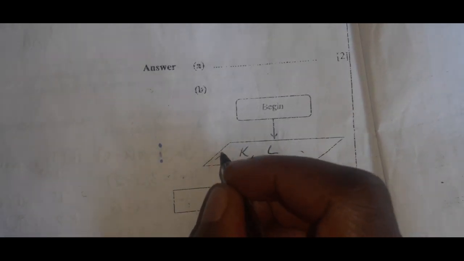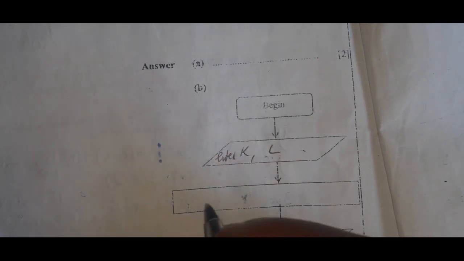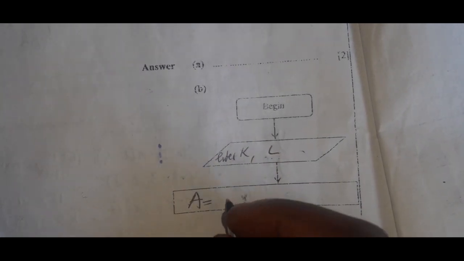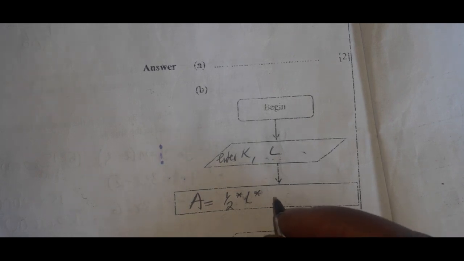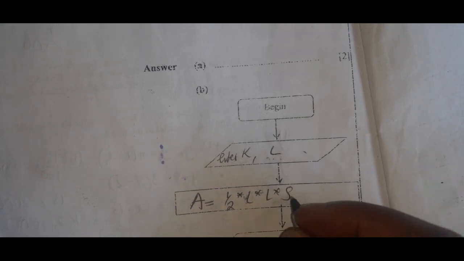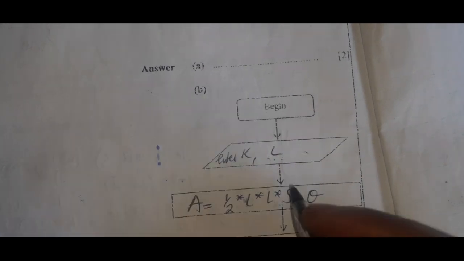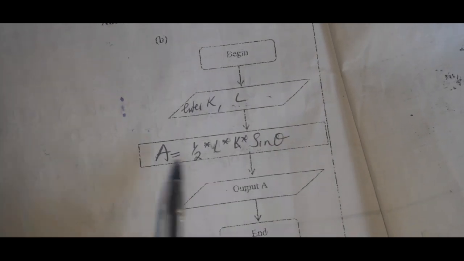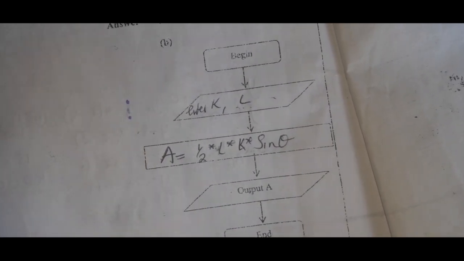Then here we're going to say area is equal to 1/2 multiplied by L multiplied, as this is multiplication in computer language, then multiplied by sine theta. This must be K. Then output area, and then end. This is what we are supposed to do. Simple as that.